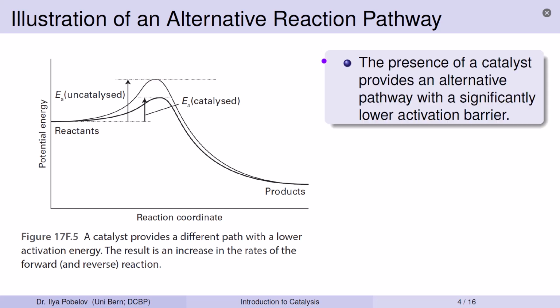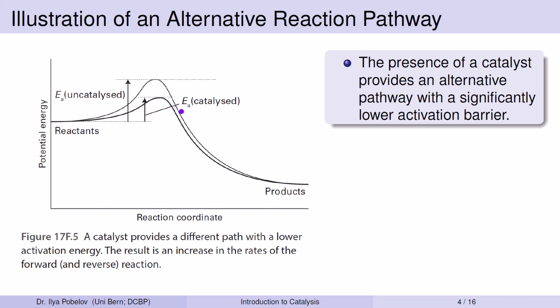In contrast, the presence of a catalyst provides an alternative pathway with a significantly lower activation barrier, represented by a smaller peak. This lower activation energy for the catalytic process results in an increase in the rates of both the forward and reverse reactions, thereby accelerating the overall reaction process.